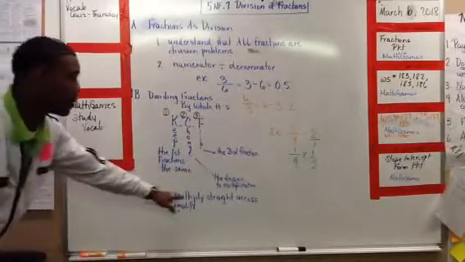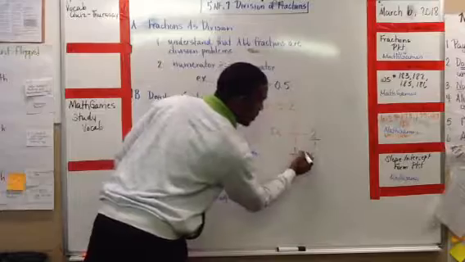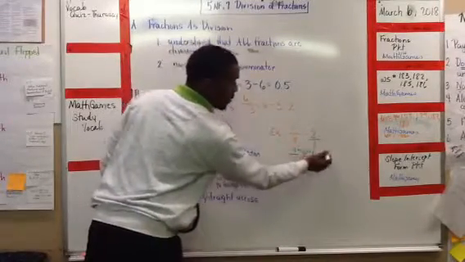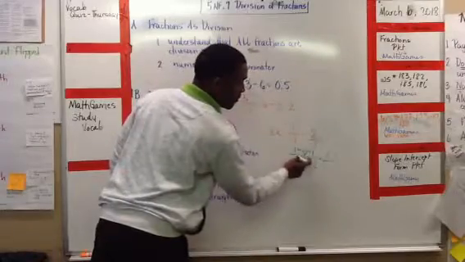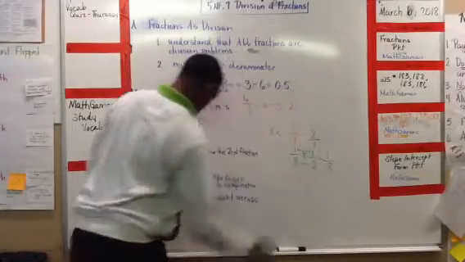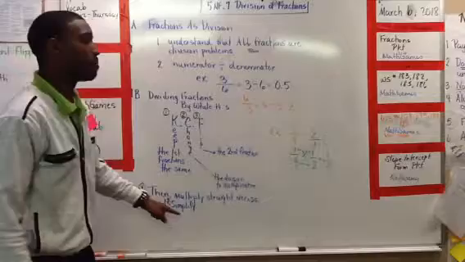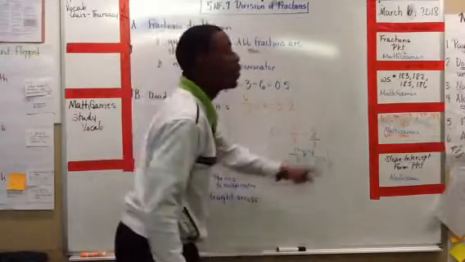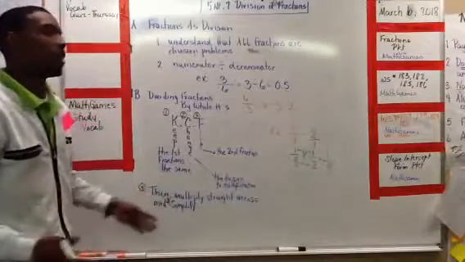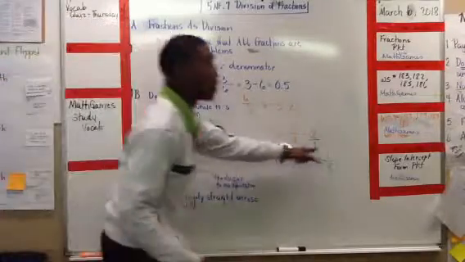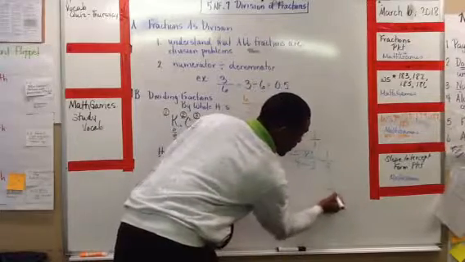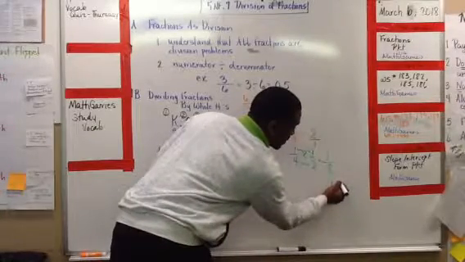Step 4, multiply straight across. Well, we're used to doing this with multiplying fractions. 1 times 1 is 1, 4 times 2 is 8. Step 5 says to simplify. Well, I know it's a unit fraction, so anytime there's a 1 in the numerator, it's already simplified. This is a proper fraction, so if I wanted to try to simplify it, I need to set up my bridge and find factors.